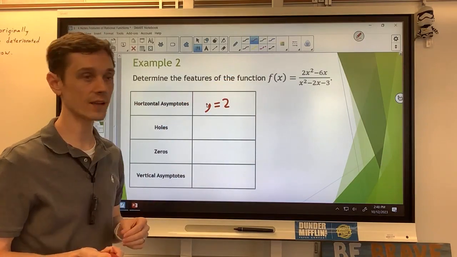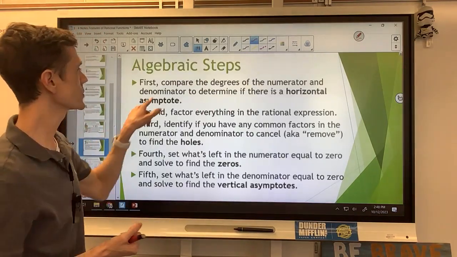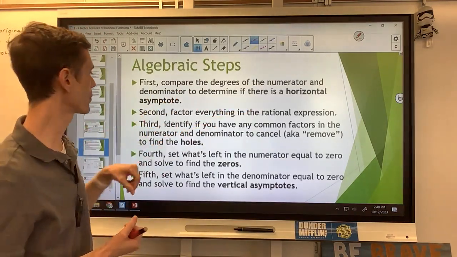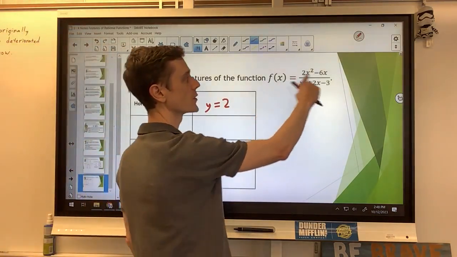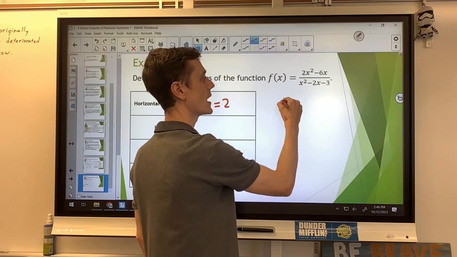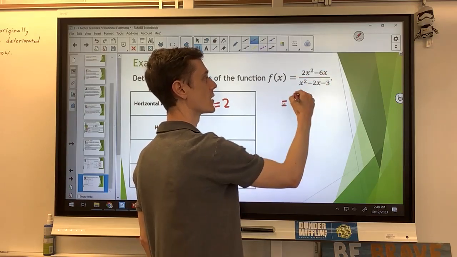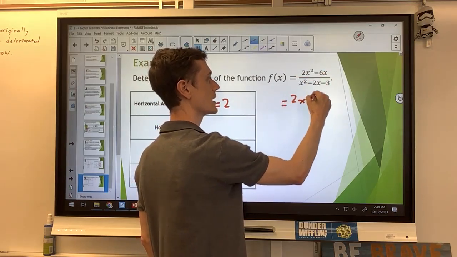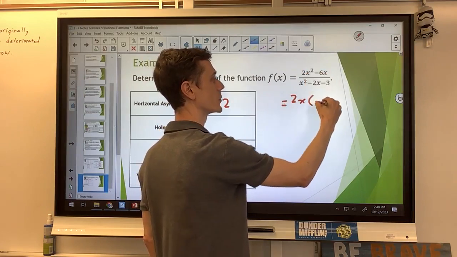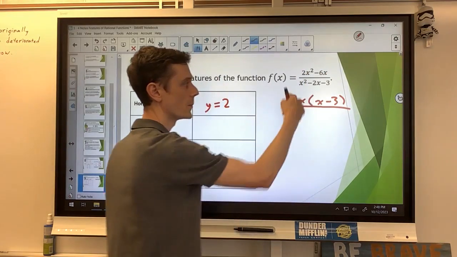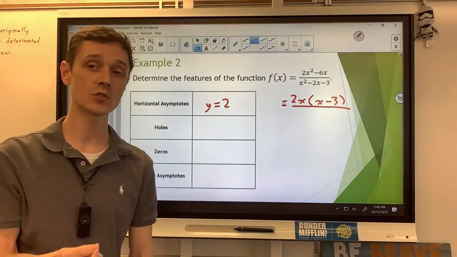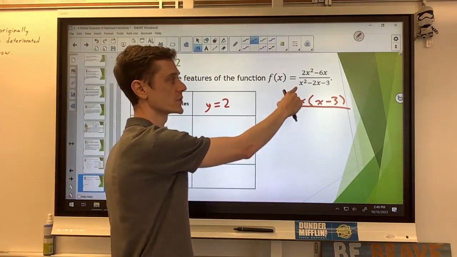The next step I gave was to find the holes. So after doing horizontal asymptotes, now we're going to factor to find those holes. So for the factoring, I notice on top that there's a GCF. Both of these terms in the numerator are divisible by 2x. And if I take that out, I would be left with x minus 3. Now on the bottom, I have a trinomial, and this is the easy trinomial case because the leading coefficient is 1.